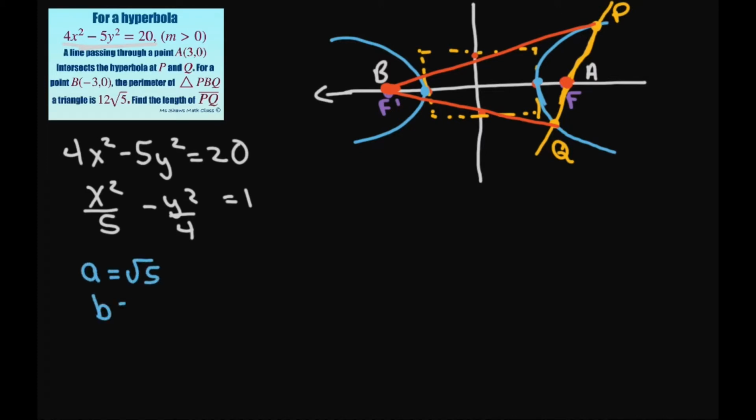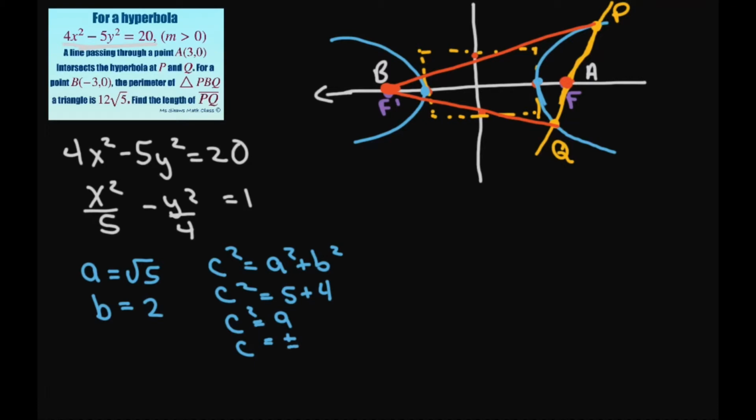Our b is going to be square root of 4, which is 2. And our c squared is a squared plus b squared, which equals 5 plus 4, so c squared is 9. So c is going to be plus and minus 3.